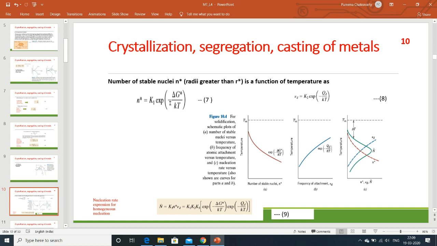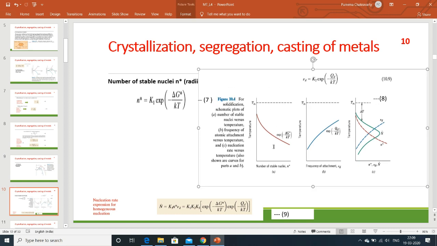Here you can see we have a minus sign, so when it goes negative, overall the magnitude of n star will increase. The temperature dependence is shown in this graph. So this is the explanation for graph 1.